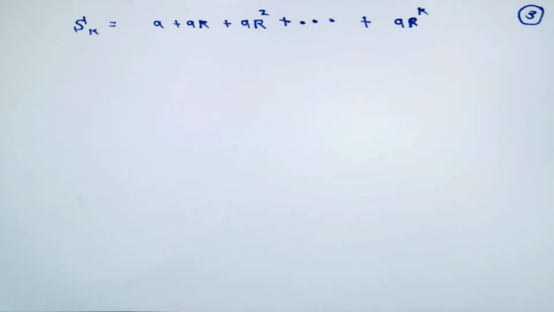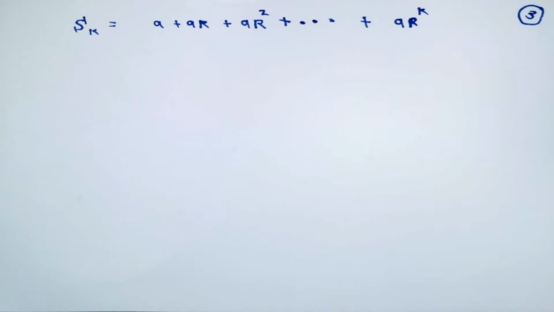So I'm going to look at partial sum number k, a plus ar out to a times r to the k power. I'm going to multiply that ordinary sum by r. This is going to have the effect of supplying an extra factor of r to each one of the terms.